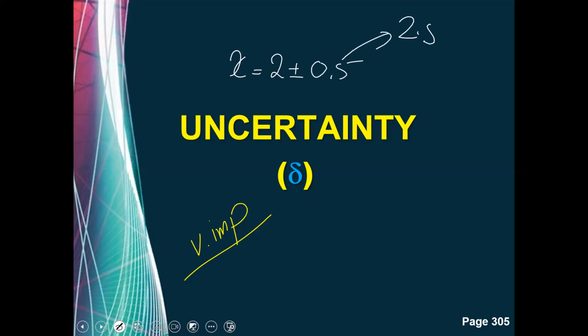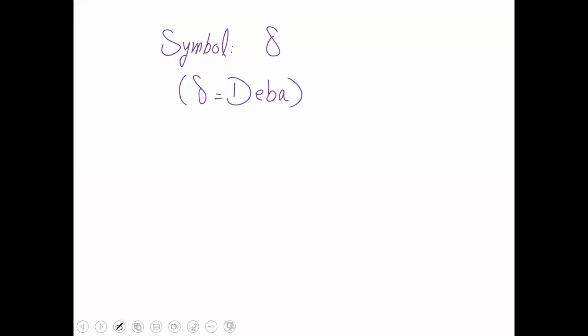So it means 2.5 is possible. It means 1.5 is also possible. This is called uncertainty. So uncertainty is a measure of range of error, and uncertainty is a known error which can be in any direction.